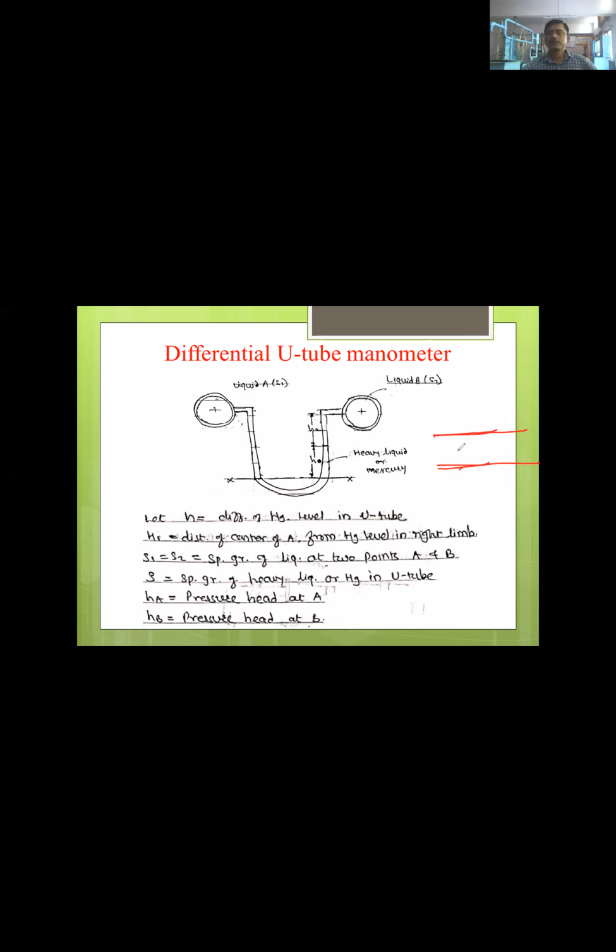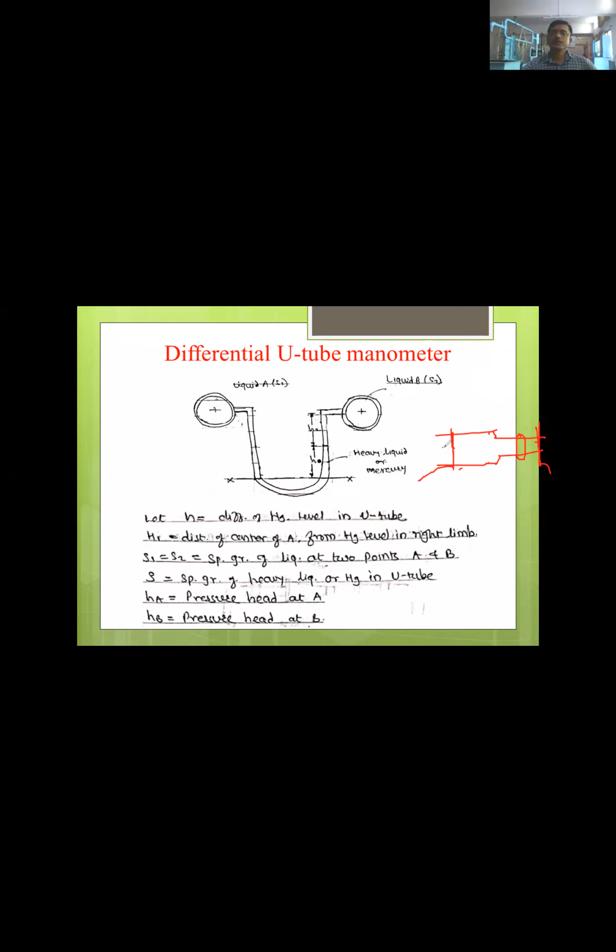Suppose this is one pipe, and this is one cross section, and this is another cross section. Because of the change in cross section area, the pressure intensity will be different here, and the pressure intensity will be different here.